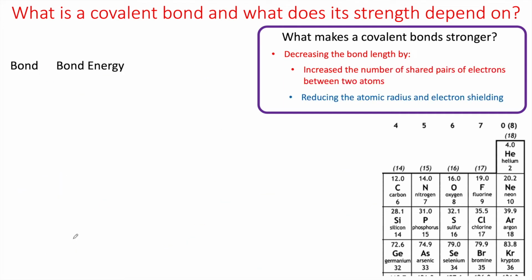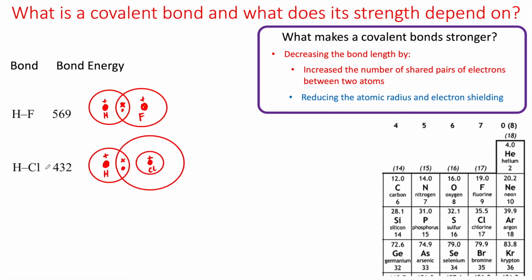So secondly, let's consider the idea of reducing the atomic radius and electron shielding. So this time we're going to look at group 7 atoms reacting with hydrogen. So if we start with hydrogen fluoride, that's got a bond energy of 569, and you can see they share 1 electron each.